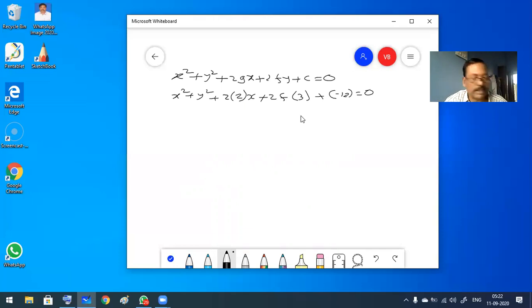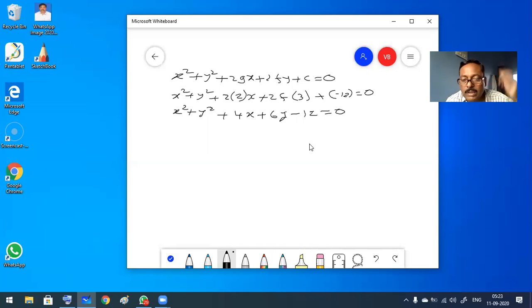So x square plus y square plus 4x plus 6y minus 12 is equal to 0. So this is the equation of the circle.